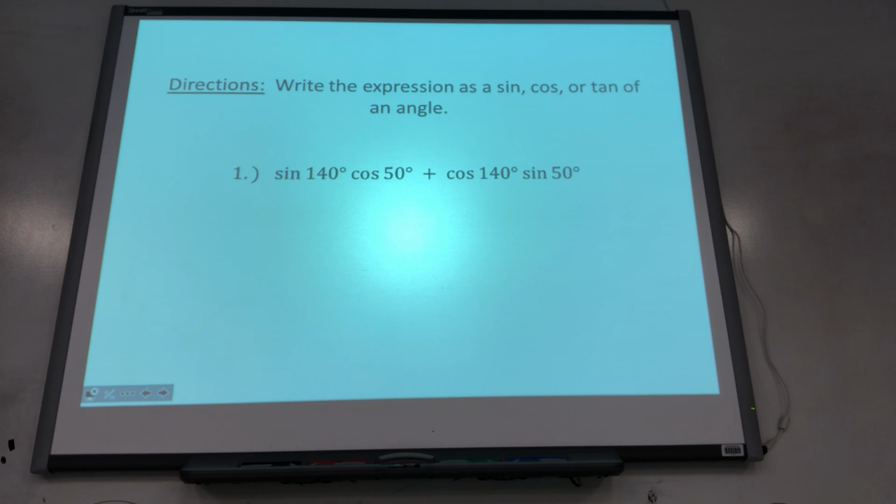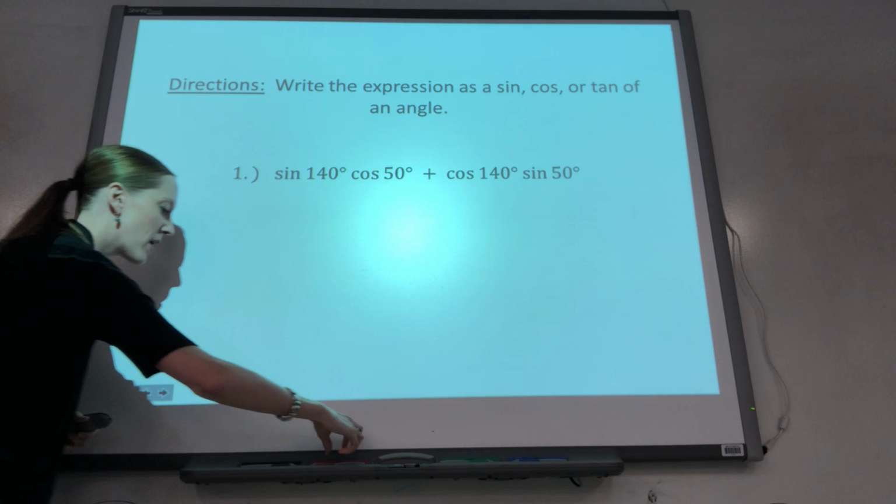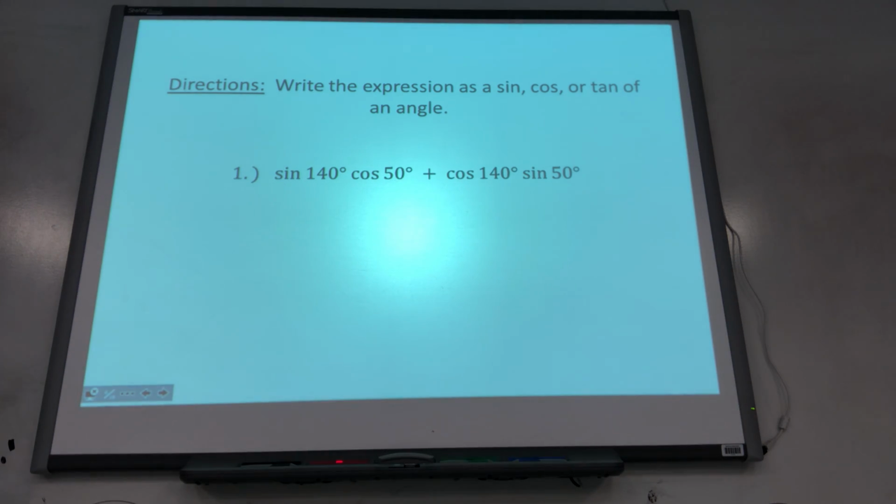It's got sine of 140 degrees, cosine of 50 degrees, plus cosine of 140 degrees, sine of 50 degrees. It's all spread out, and I have to condense it back down to what it would have started out as.